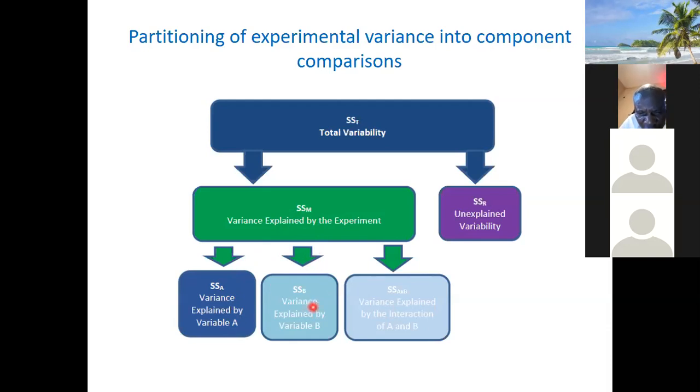Then the second will be the sum of square explained by variable B. Then the third one will be the interaction of the two, the interaction of variables A and B.